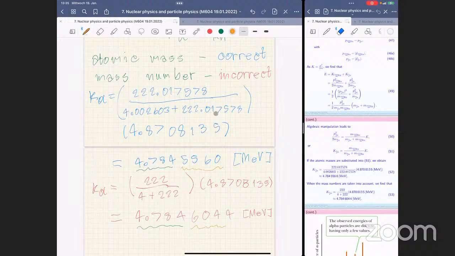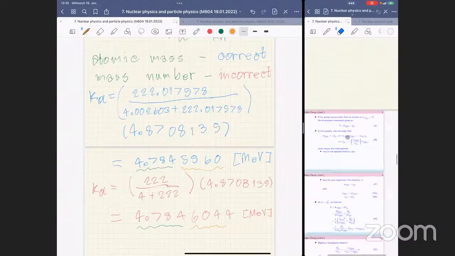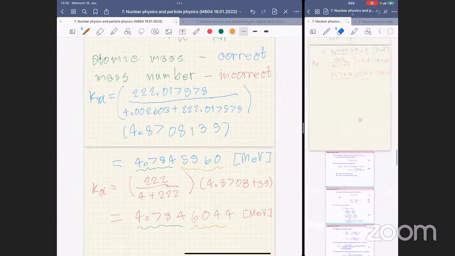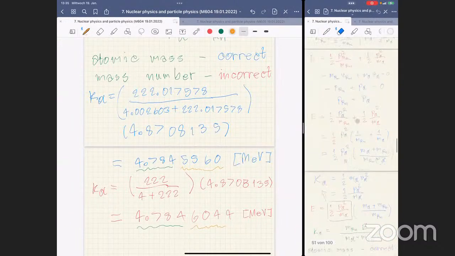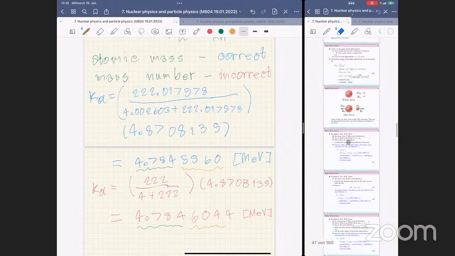Okay, this is the solution. This is the answer, right? Both methods are valid for this situation. I show you both ways. That's the kinetic energy of the alpha particle you can get from this process here.